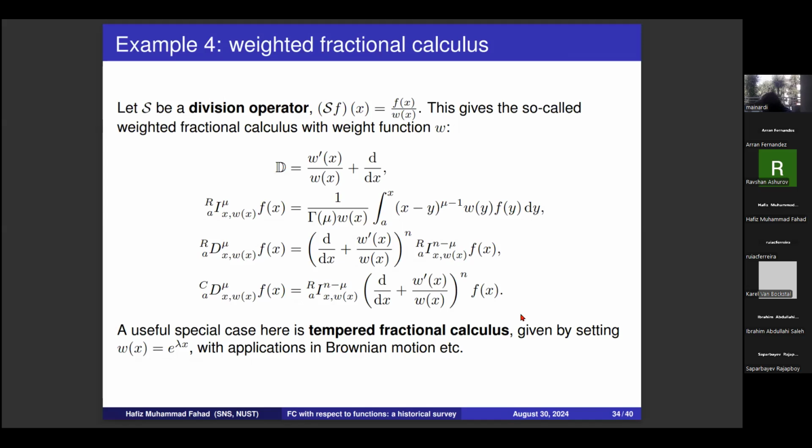Interestingly, a useful special case is the tempered fractional calculus. If we fix the weight function as an exponential function, then this model reduces to the tempered fractional calculus.